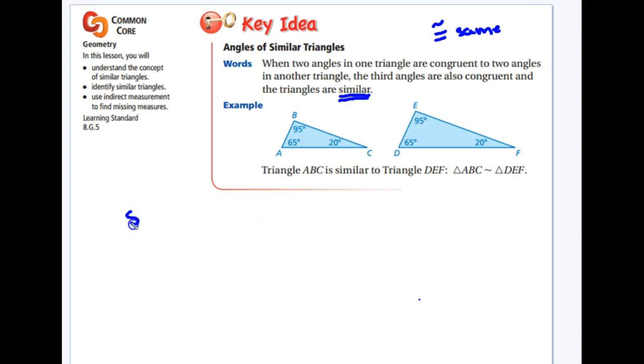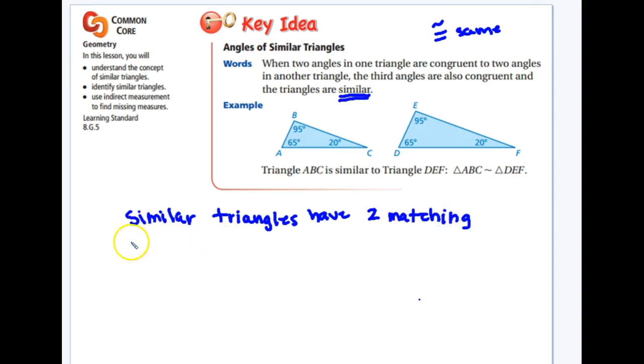Okay? So similar triangles, I'm going to write this down. I want you to copy it down. Similar triangles have two matching pairs of angles.